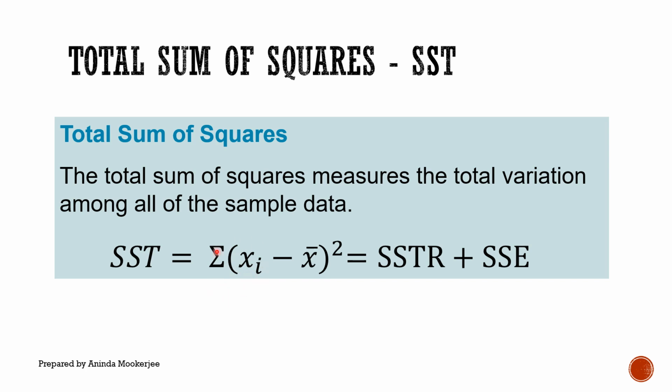For SST, x sub i represents the individual data points of all the samples put together, and we calculate how they vary from the overall mean. So it's the sum of the squared differences of the individual data points from the overall mean. That's SST, and that value will be equal to SSTR plus SSE.